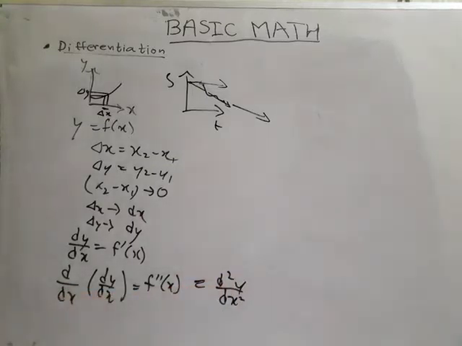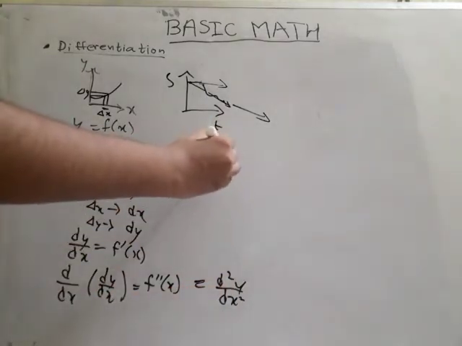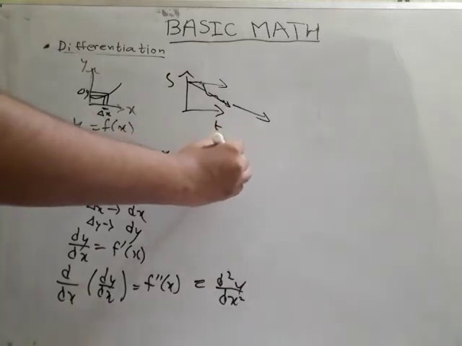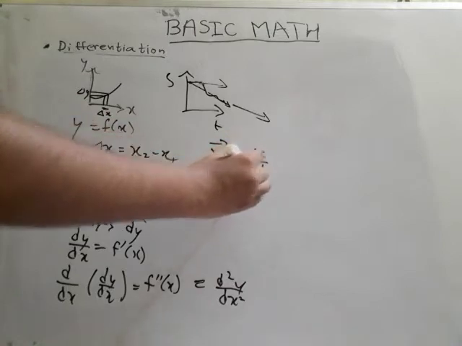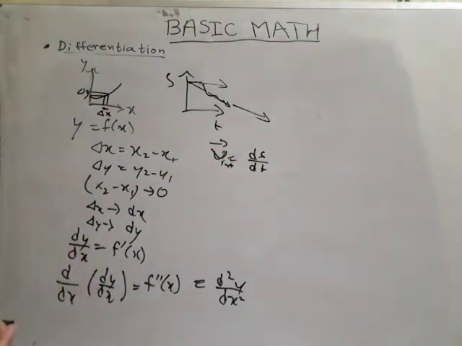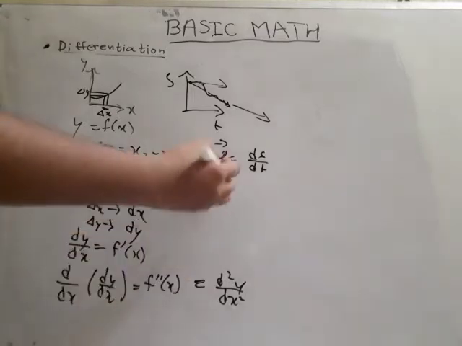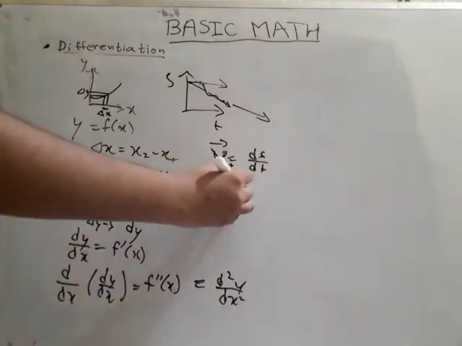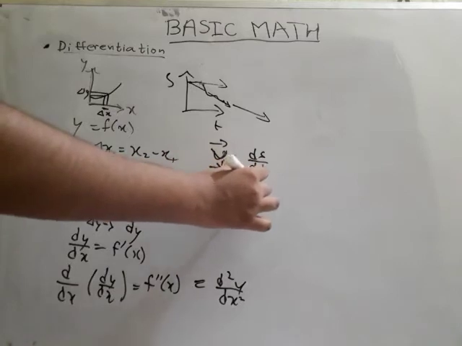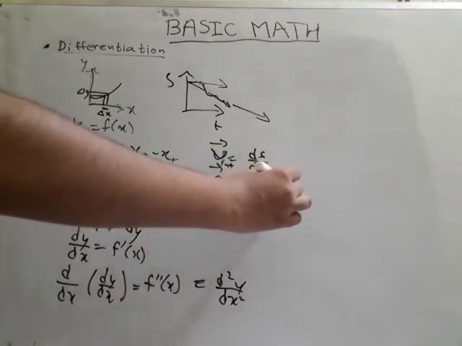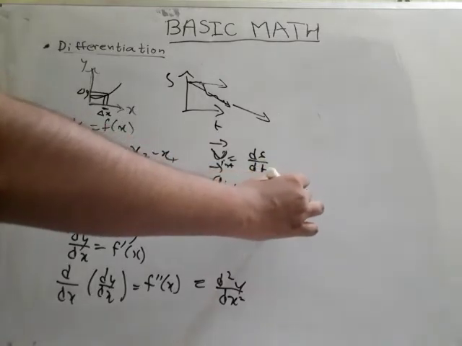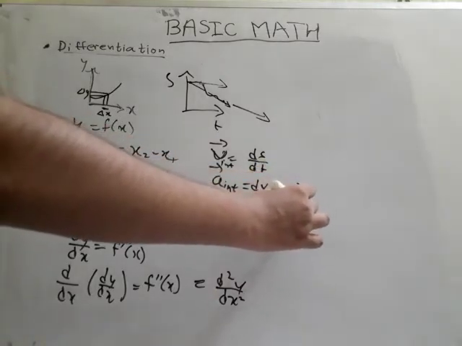Here velocity at that instant is the instantaneous velocity, v equal to ds by dt. The change in velocity divided by change in time gives us acceleration. So instantaneous acceleration will be dv by dt, which will be equal to d2s by dt2.